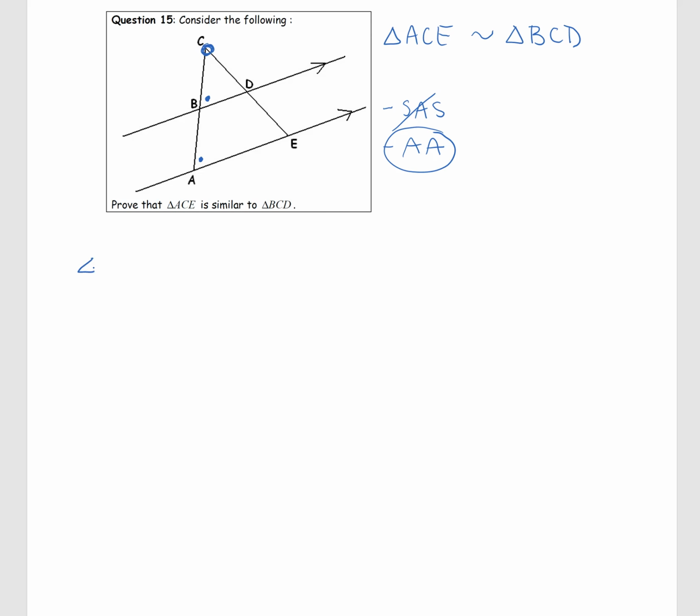looking at that transversal shows us that these two angles are corresponding, and those angles are given by angle CBD and angle CAE.